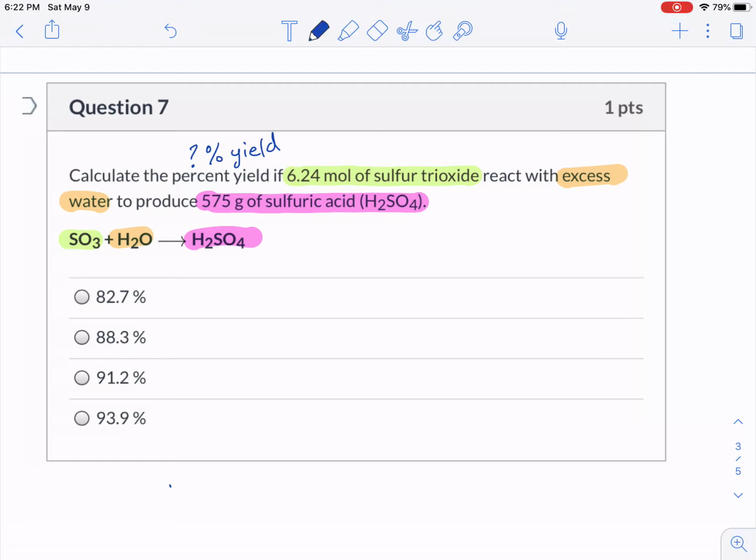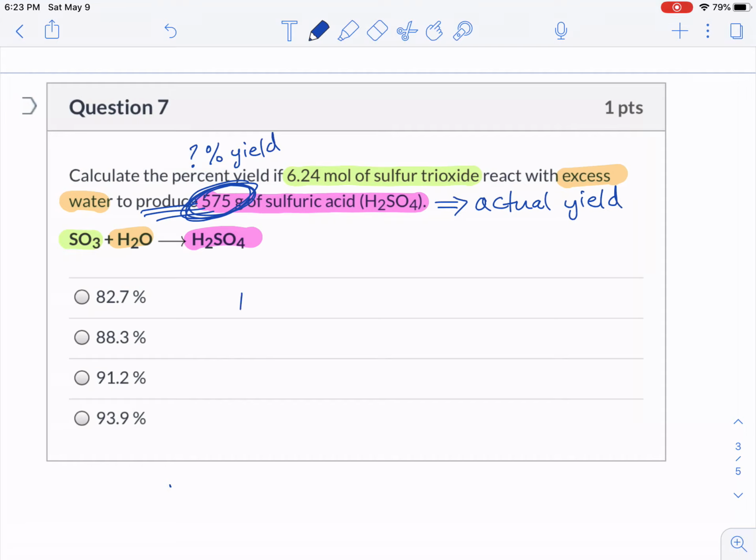If we are actually producing this amount, this is our actual yield. You have to use stoichiometry to calculate the theoretical yield. So we don't know if this is possible yet. I mean, it's what we actually produce. Let's go ahead and calculate what is possible.